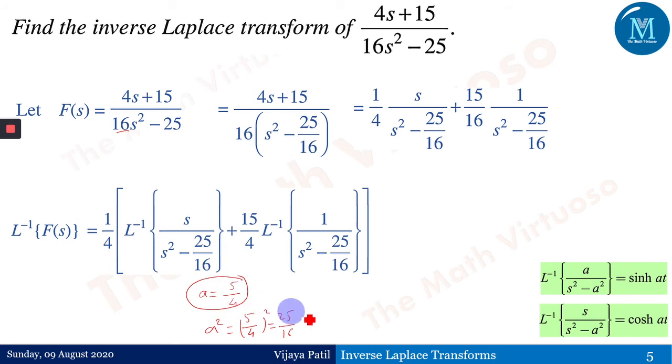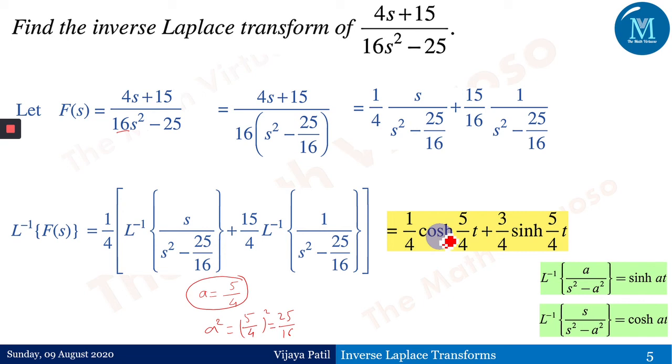a is 5 by 4, and therefore 1 by 4 times cos hyperbolic 5 by 4 t plus, now, because of this 3 over here, it will come in the denominator with sine hyperbolic at. This will come in the denominator, but as we have got a as 5 by 4, it will give me 4 by 5, and therefore I've got this 15 by 4. So I will get this 3 by 4 out of 15 by 4 into 4 by 5.